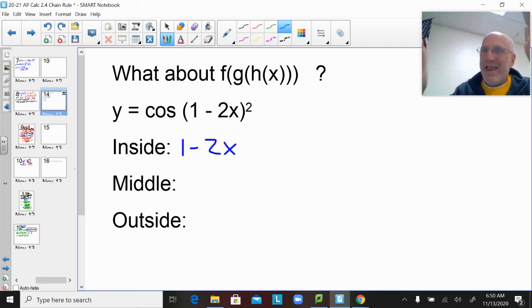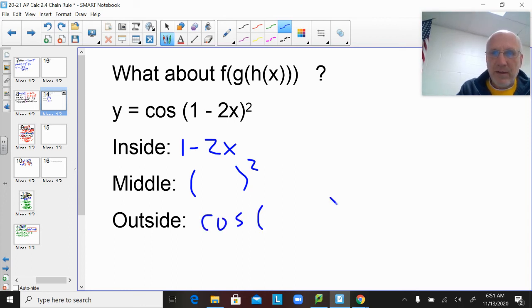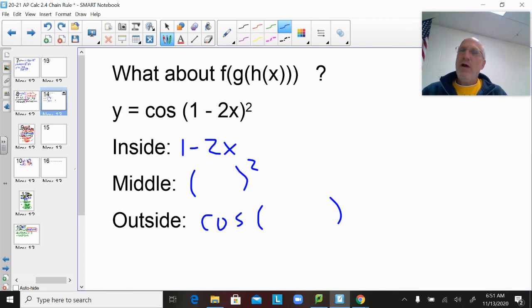I'm working my way outward. My next outside function, I'm calling here my middle function, is something squared. And my outsidest function, I'm not thinking that's a word, is the cosine of something. So I need to use the chain rule. My chain has 3 links here, if I could follow this kind of silly chain metaphor.